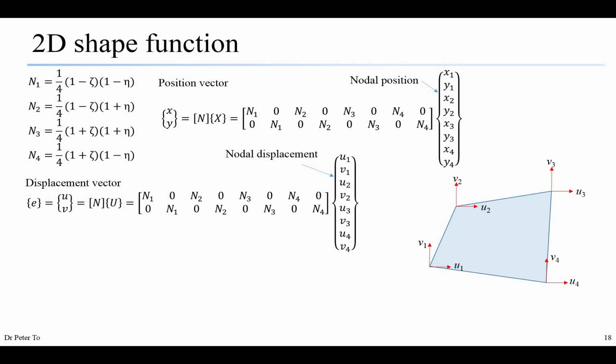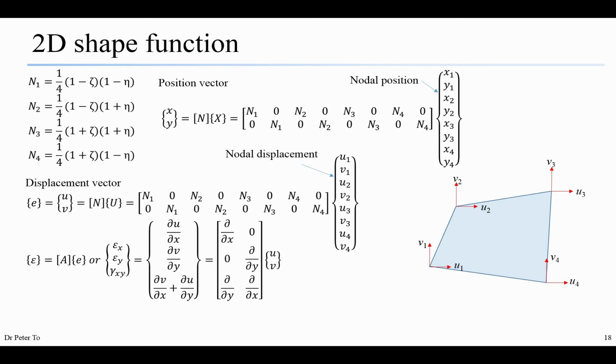This way we substitute into the epsilon, and we have epsilon equal to matrix A times vector e, where vector e is (u, v), and where matrix A is the derivatives of the linear displacement by x, by y, and by tangent directions.